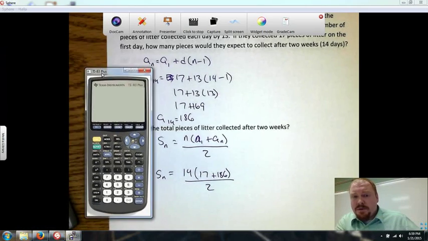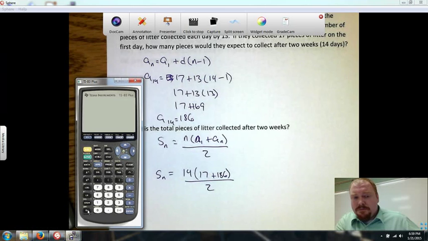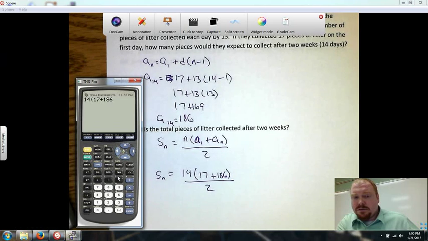And you may need to zoom in, but I just type this in exactly as I see it. So 14, parentheses, 17 plus 186, take my answer and divide that by 2.